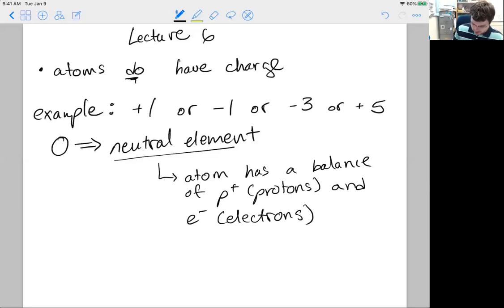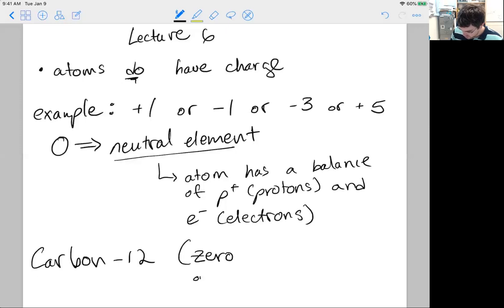And so, for example, if we look at carbon 12, and I say that it has a 0 or neutral charge associated with it, I could then ask a question.